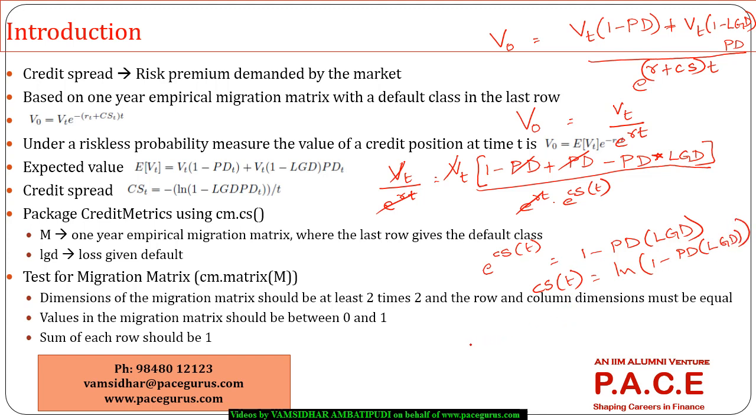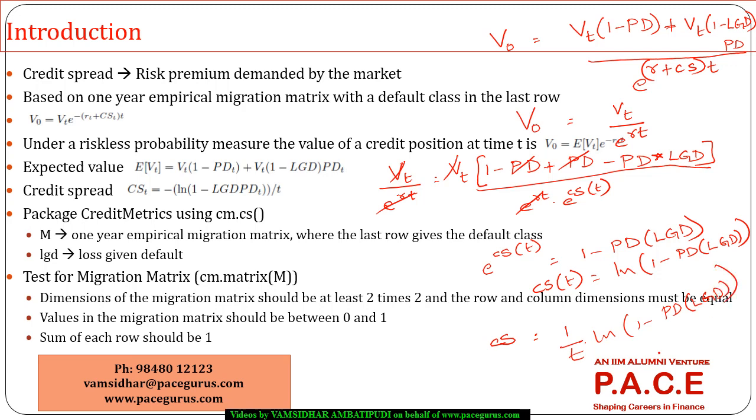And based on that I can find my credit spread, which is working out to 1 by T times log of 1 minus PD times LGD.